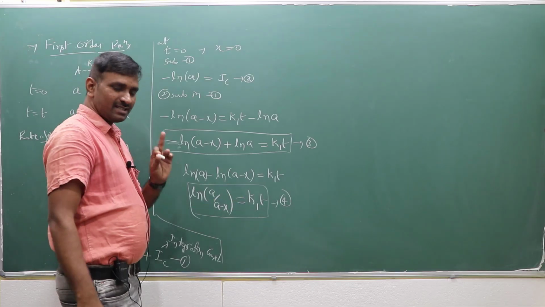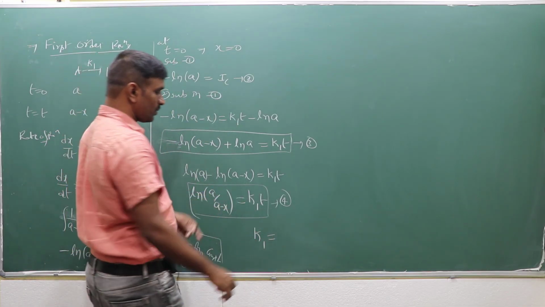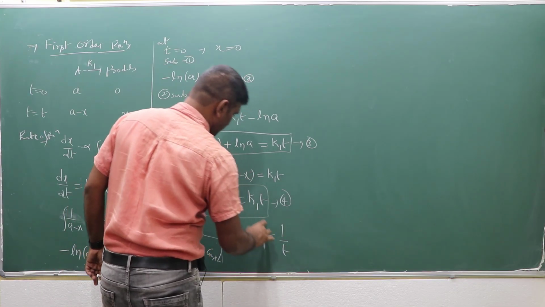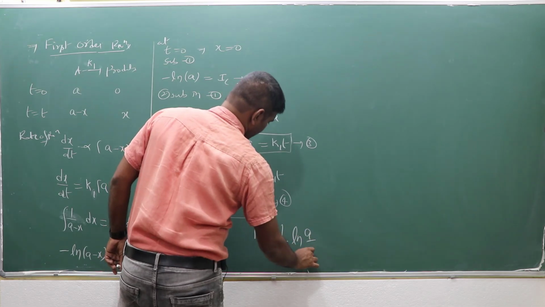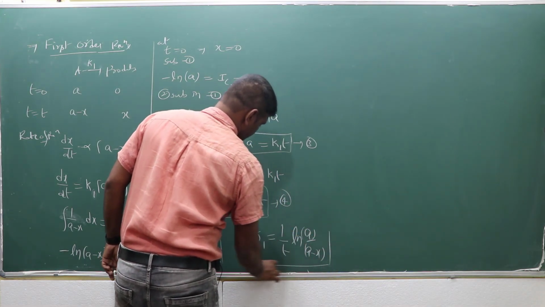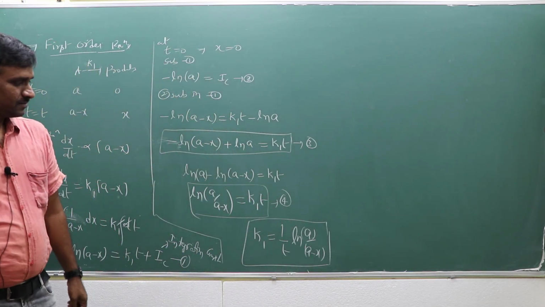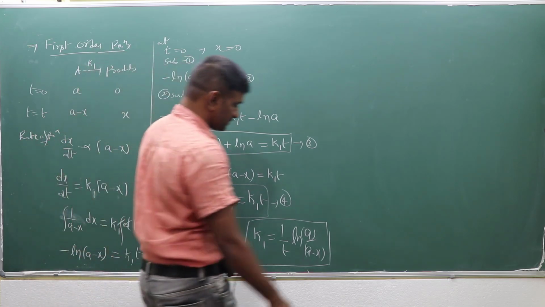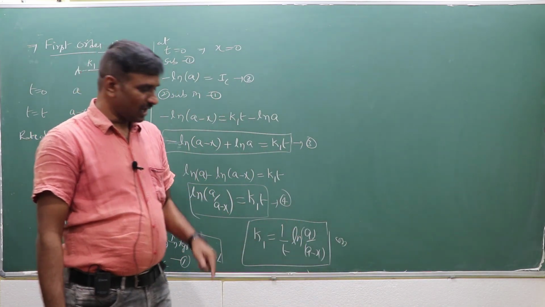And our requirement is k1, the rate constant of the first order reaction. So how to write this? k1 is equal to 1 by t into ln a by a minus x. Or, in the place of ln, suppose we have to use log.